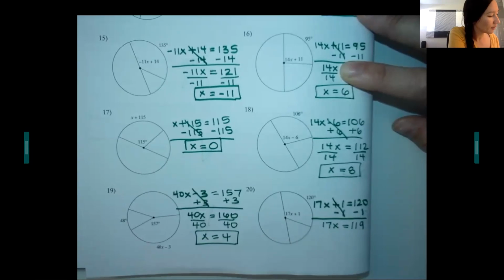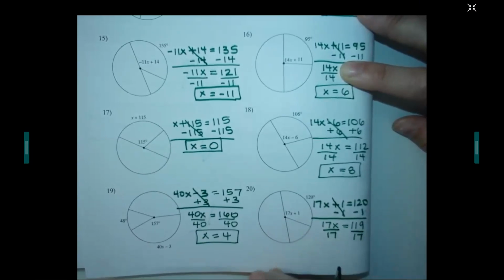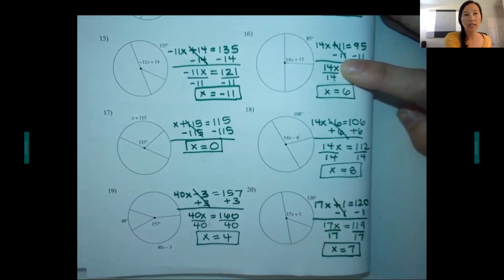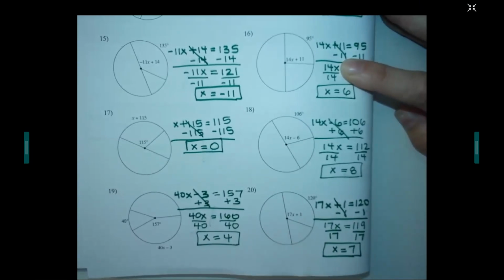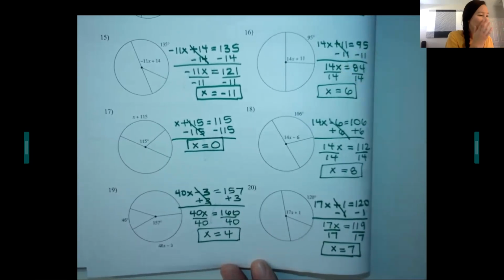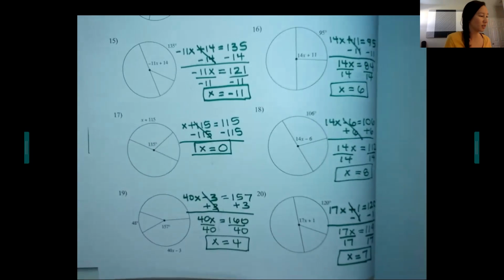And then after that, I divided both sides by 17, and I got x equals 7. Equals 7. Very good, Jade. Thank you. Any questions on 19 and 20? Now we got x equals 4, x equals 7. Okay, very good. You guys have mastered central angles and their arcs.